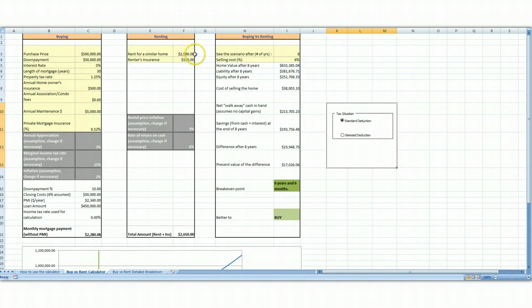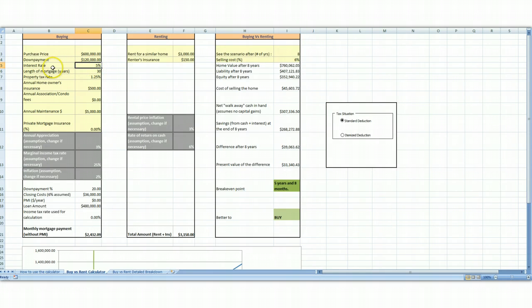Let's assume the rent for that house is $3,000 and you are expected to pay the renter's insurance, and the renter's insurance is around $150. And the purchase price of the house, let's assume, is $600,000. And we can also assume that you are responsible and saved for a down payment of 20%.